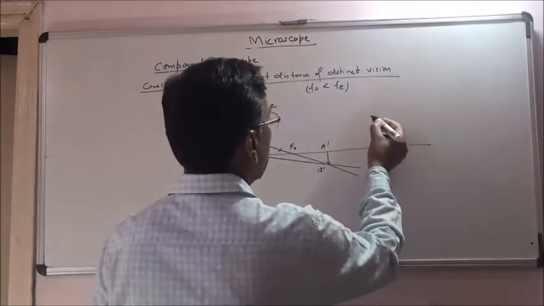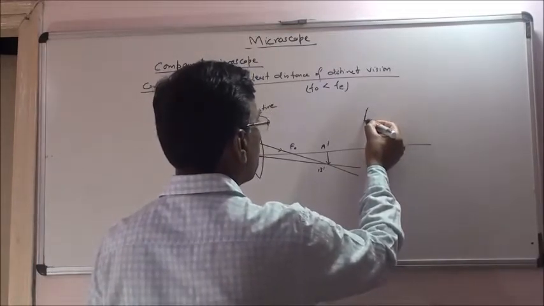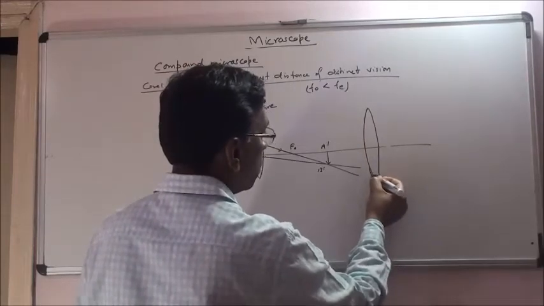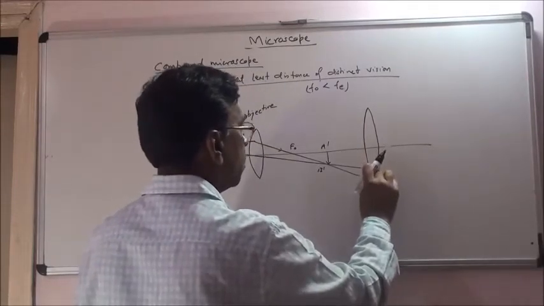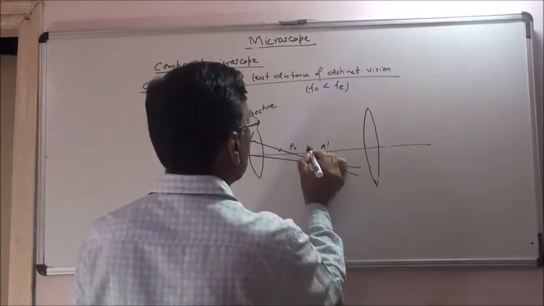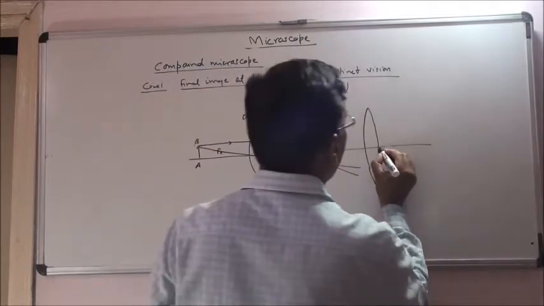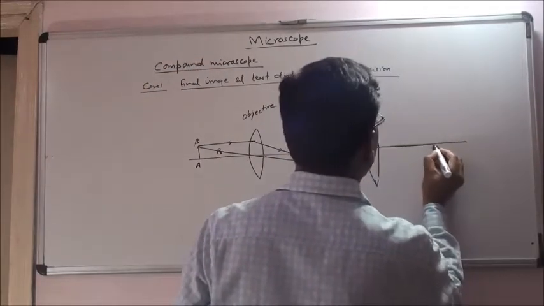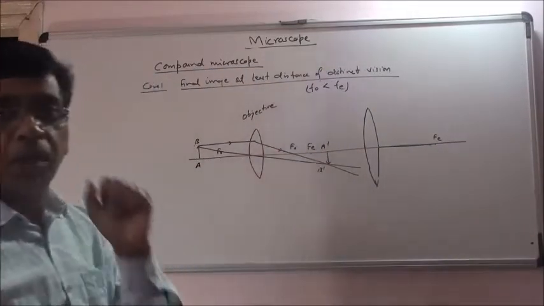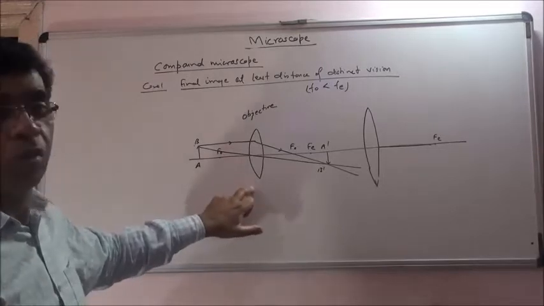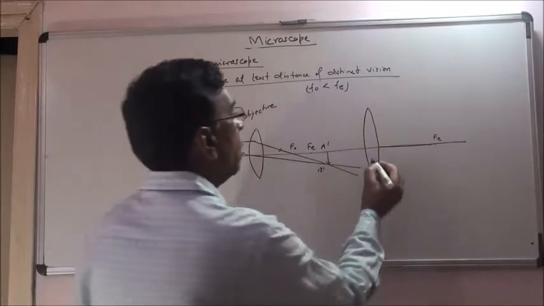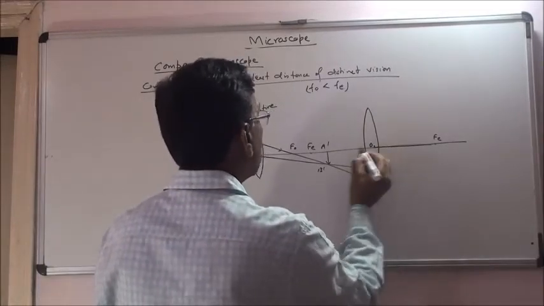And now make another lens here. And it should be kept in such a way that this image formed by the first lens, objective, lies between the focus and the optical center of the second lens.